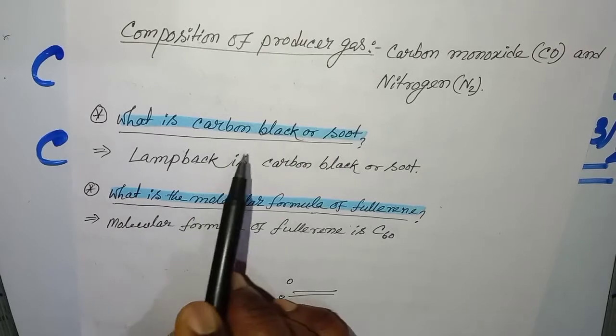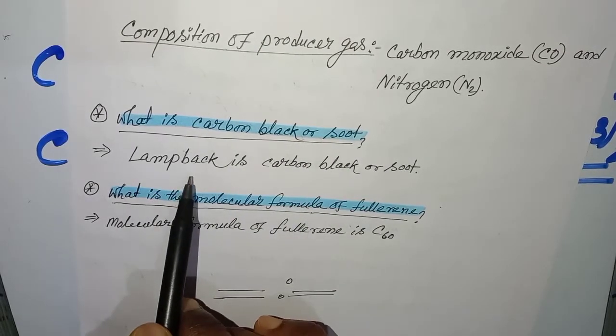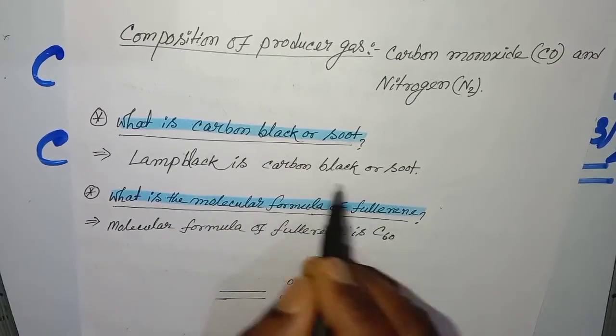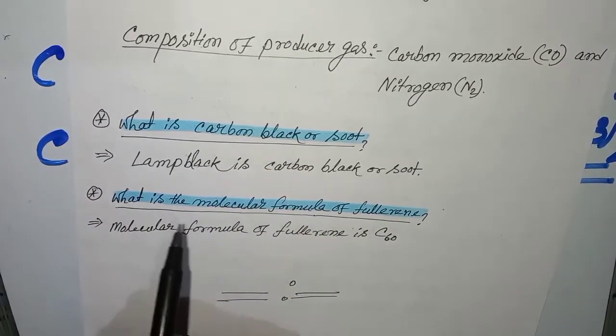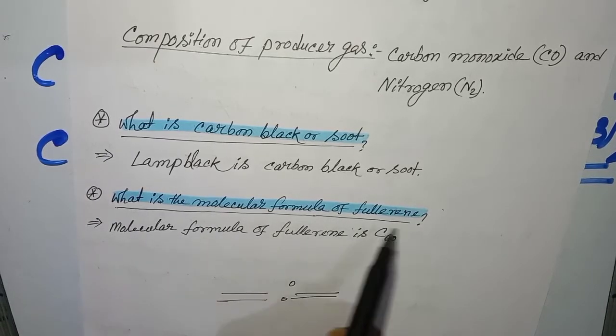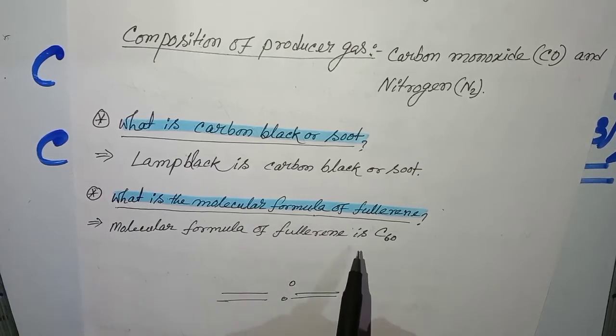What is carbon black or soot? Lamp black is carbon black or soot. What is the molecular formula of fullerenes? The molecular formula of fullerene is C60.